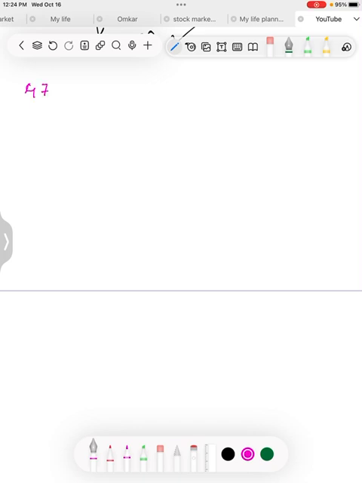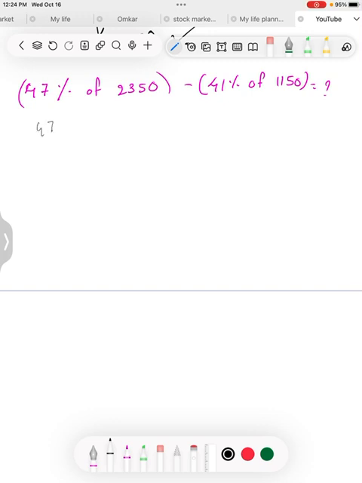47% of 2350 minus 41% of 1150. So here you can see you can just write it out like this.